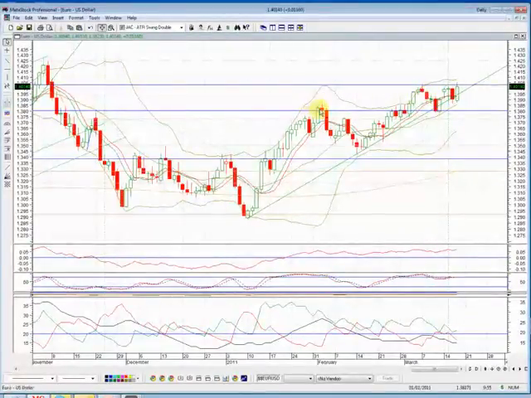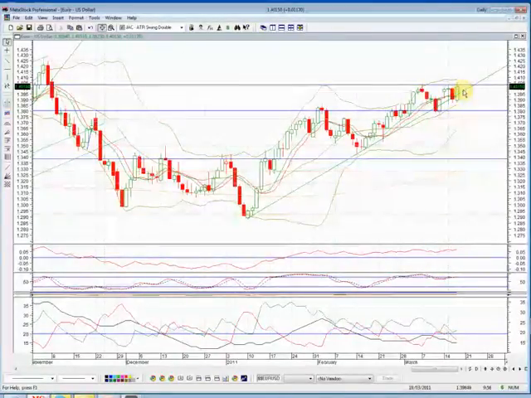And that first correction here was a clear A, B, C correction. Then we had 5 waves up here, and now A, B, that might be C. Yeah, that might be C, but most likely we are going to have some extra sideways action here.